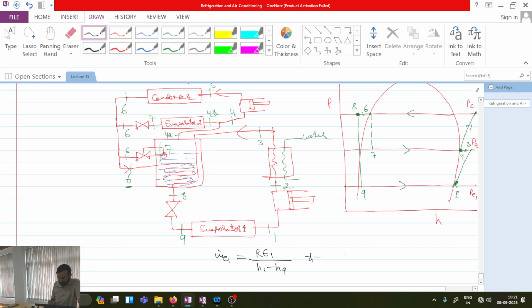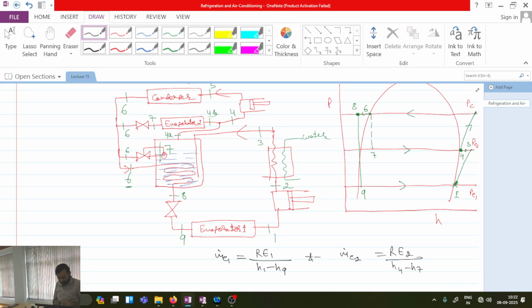Now the mass passing through evaporator 2 is the refrigeration effect, the load on evaporator 2, divided by H4B minus H7, and 4B is nothing but 4. So H4 minus H7. Is this point clear?